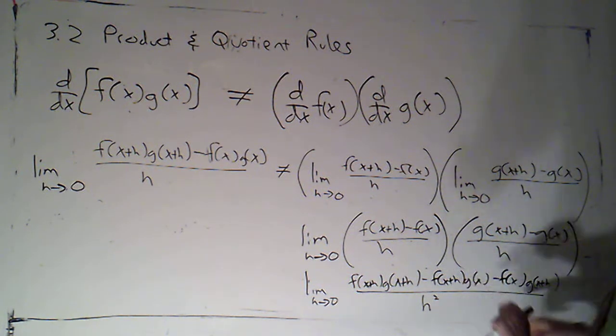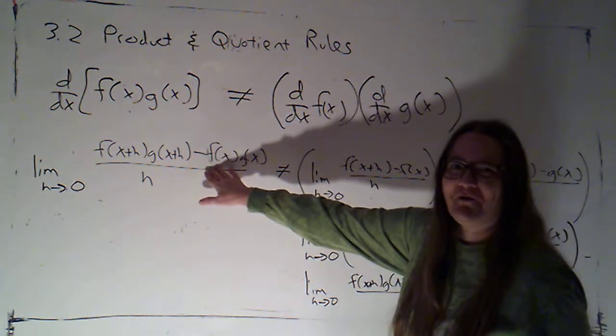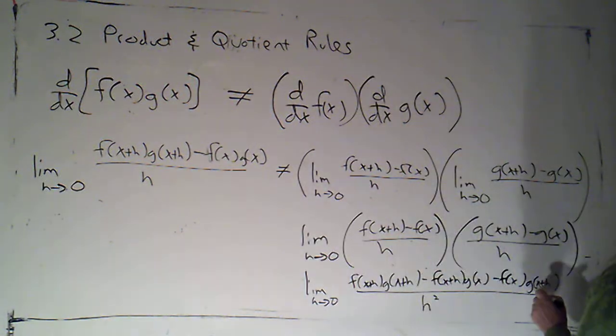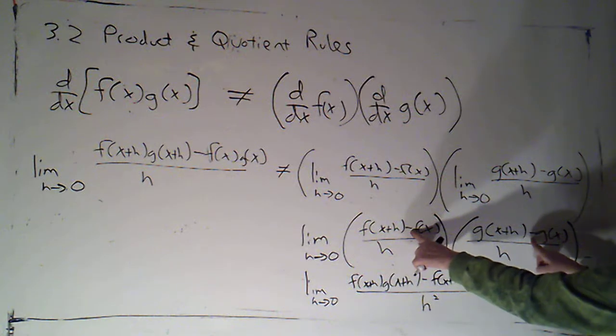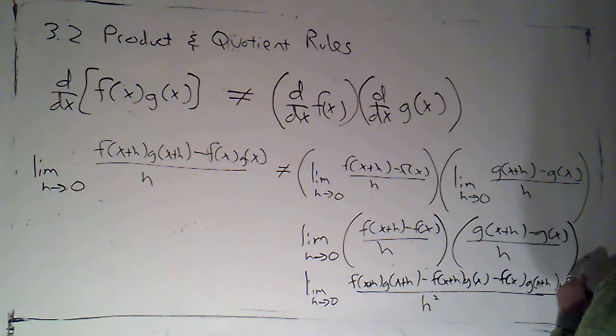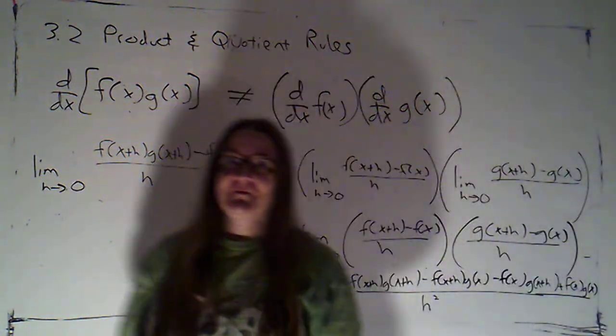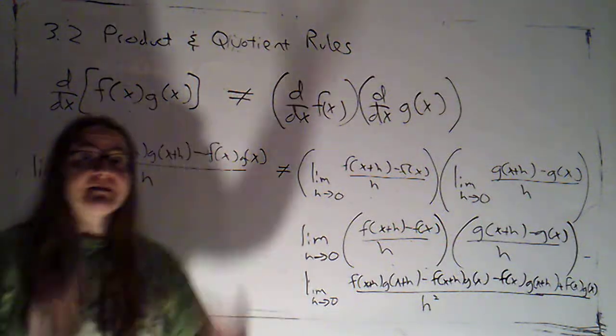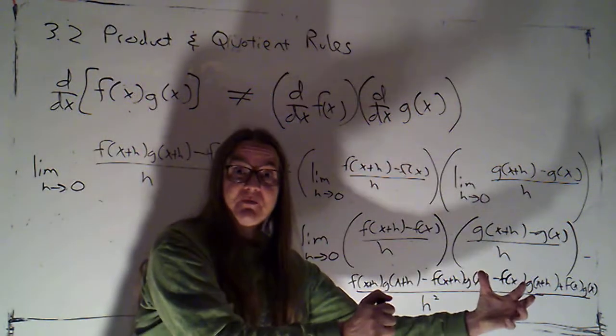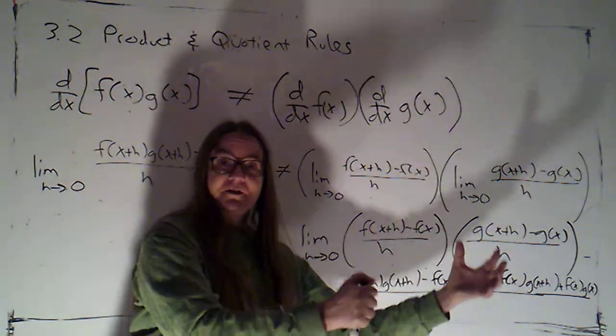I don't have either of those terms over here on top. And my last term would be plus, because I've got two negatives that I'm multiplying, plus f of x times g of x. So this is the limit that represents f prime times g prime, the product of the derivatives.